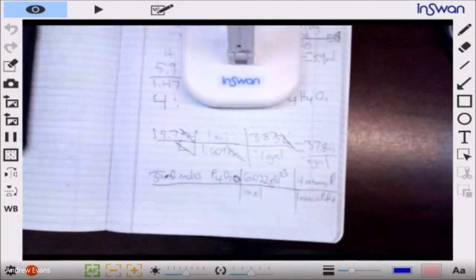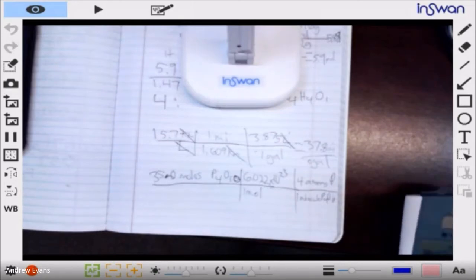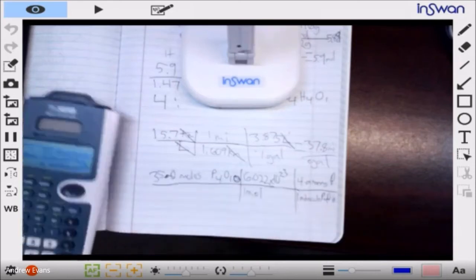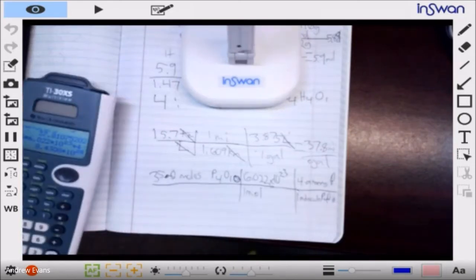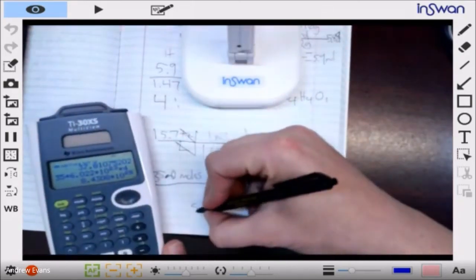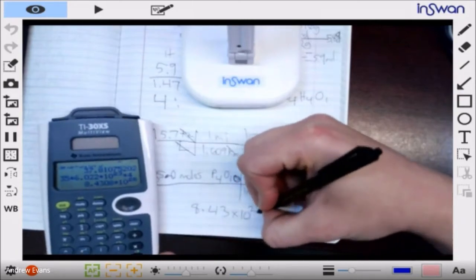So what do I have to do? I have to do 35 times my 6.022 times 10 to the 23rd, times 4. Make sure you're not, like I almost did, raising that 4 to the 23rd power, or doing 10 to the 23rd times 4. You should get something like 8.43 times 10 to the 25th.